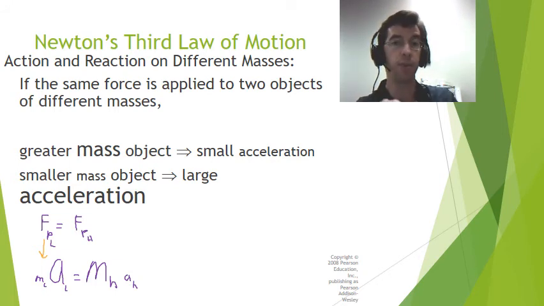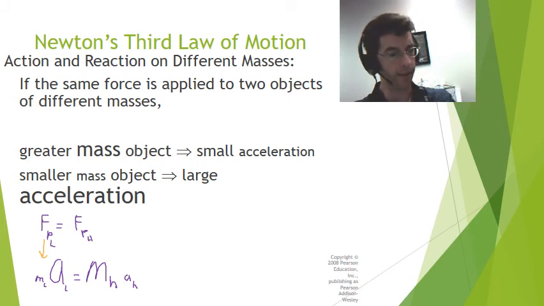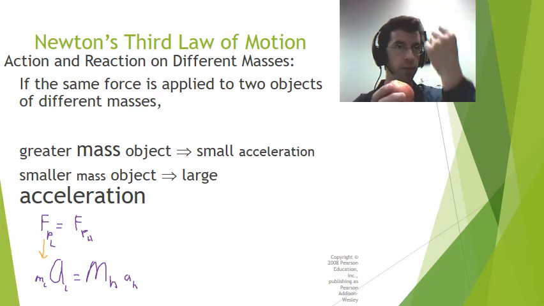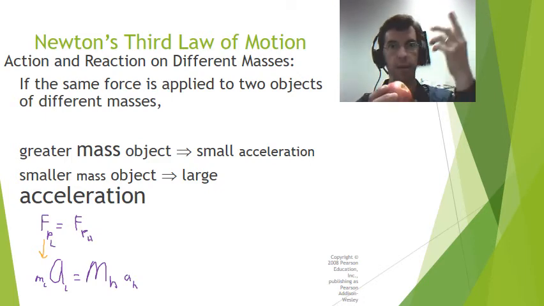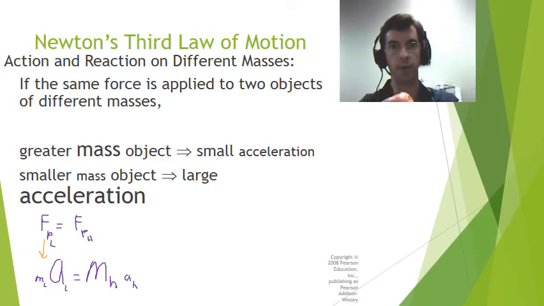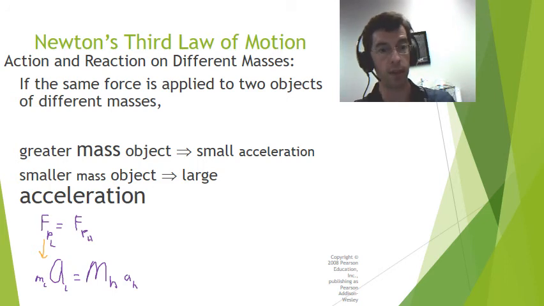But didn't we just say from Newton's third law that you can't have one force without another force? So if the earth pulls on the apple, doesn't the apple pull on the earth? You betcha it does. So then you might ask yourself, well, why do I see the apple fall? I understand from Newton's second law that the earth pulls on the apple, and that means there's a force there, and in fact, it's an unbalanced force, and that's what causes the apple to accelerate. In fact, I can figure out the acceleration of the apple.